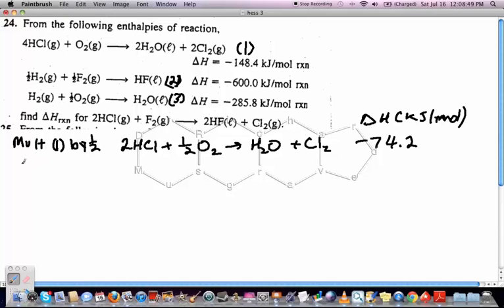On the second one, I'm going to multiply that one by 2. And that's going to be H2 plus F2 gives 2 HF.